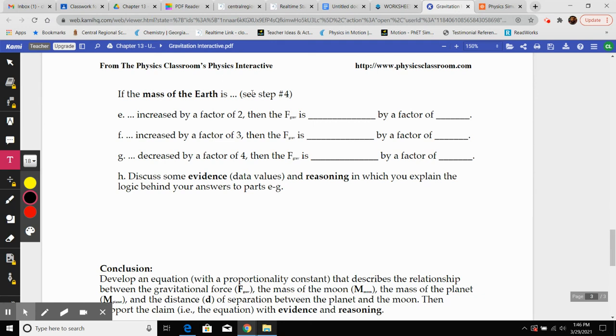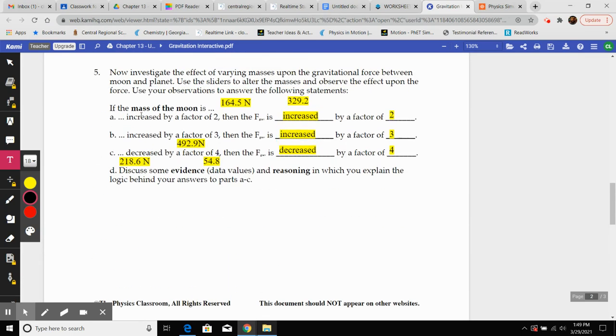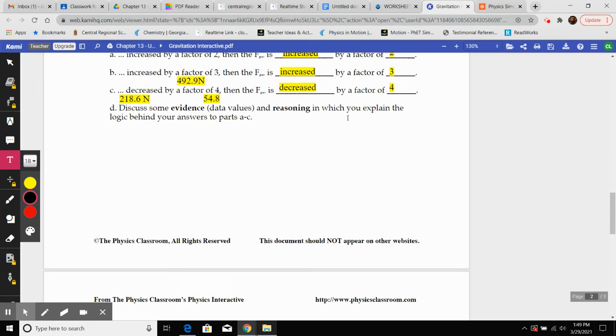Okay, if the mass of Earth is increased by a factor of 2, then the F-grav is blank by a factor of. Okay, so increased, 4. Okay, so the same thing applies as what we just did with part 5.